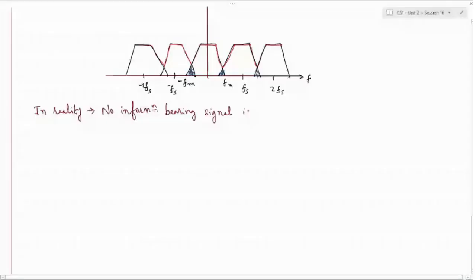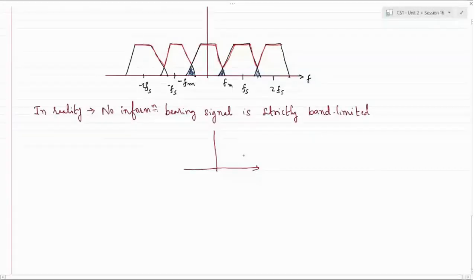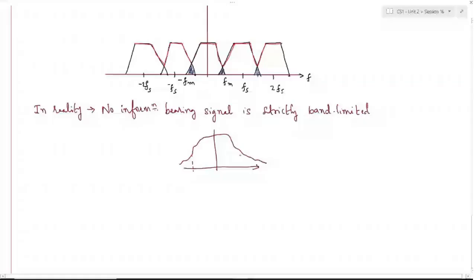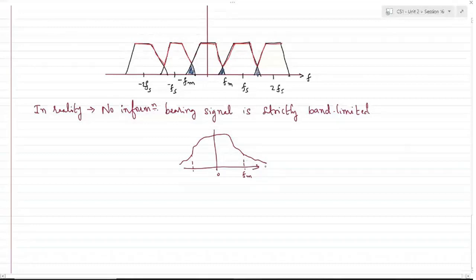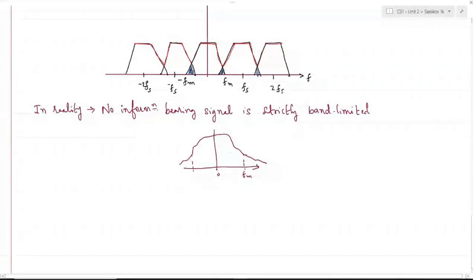Every information bearing signal will look like this originally. Of course, we have taken it to vary between 0 and fm, but in reality they will have their own tails. Even if you sample at a high frequency rate, there is a chance of these tails crosstalking with their adjacent samples.